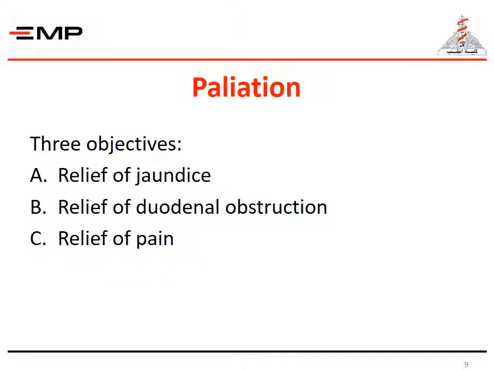As most patients are to be offered palliation only, it is important to target 3 objectives. The relief of jaundice is achieved best by an endoscopically placed CBD stent. If ERCP stenting fails, internal stenting could be achieved from above through PTC.